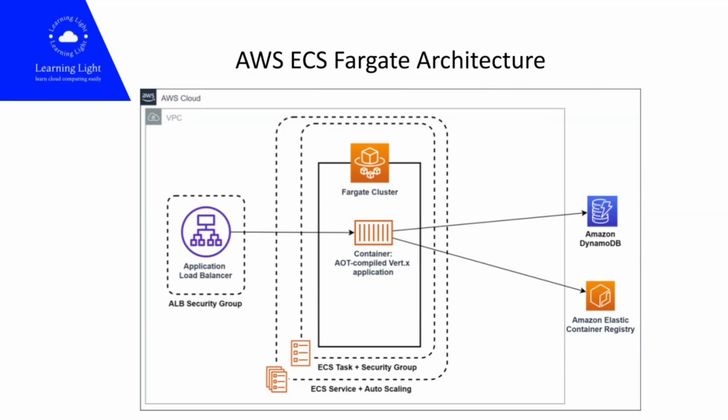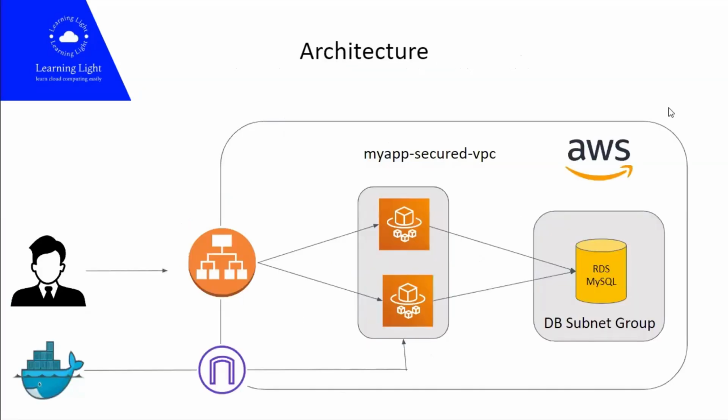So let's get started. This is our architecture. We are going to deploy our My App Docker container in the ECS Fargate environment. This ECS Fargate service will fetch the Docker image through the internet gateway, and it will have the container spinning in this ECS service.